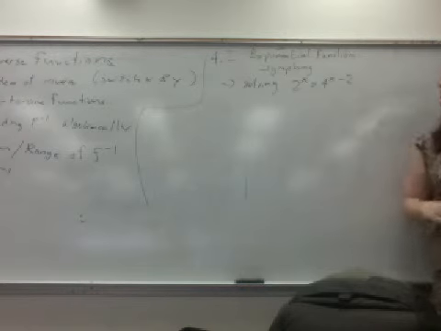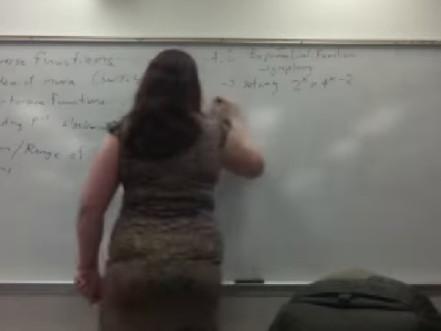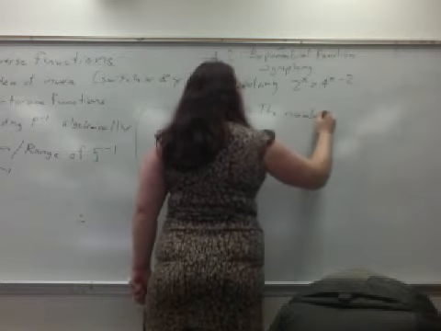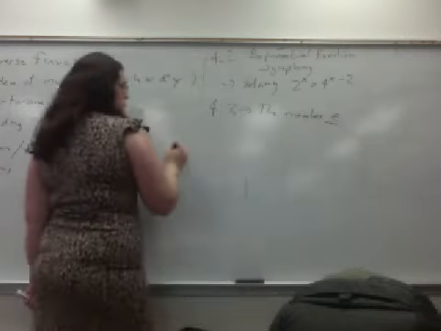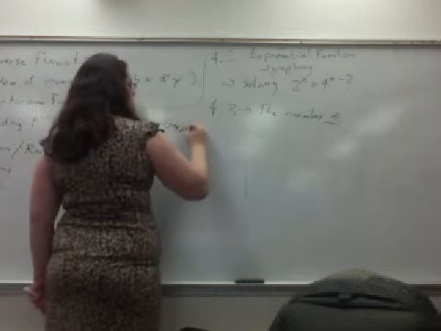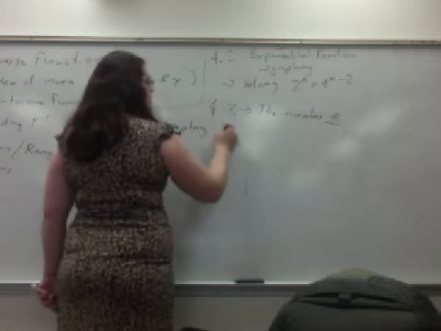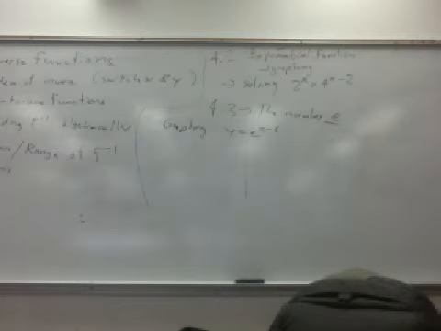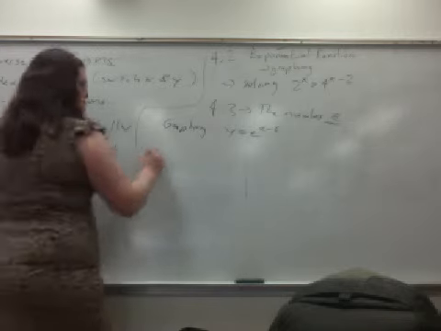That'll allow you to solve an equation like that. 4.3 was about the number e, and how you graph something like y equals e to the x minus 6. That was section 4.3.